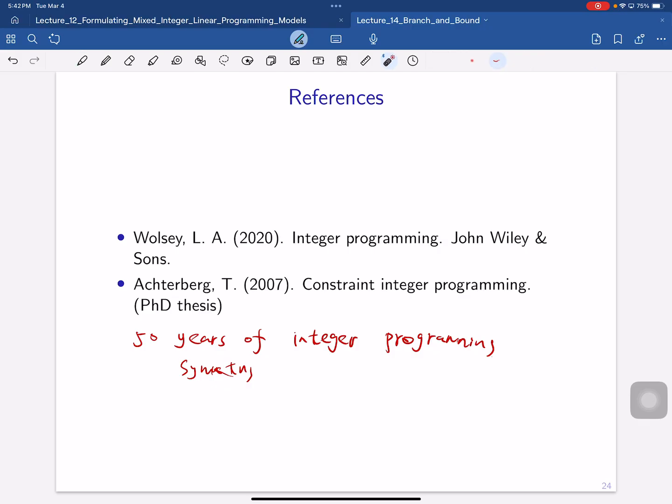Some part of this lecture actually comes from a PhD thesis by Dr. Achterberg. I think now he is maybe the VP at Gurobi. He developed an integer programming and constraint programming solver, which is probably still one of the best integer programming solvers nowadays, but someone else is maintaining that.